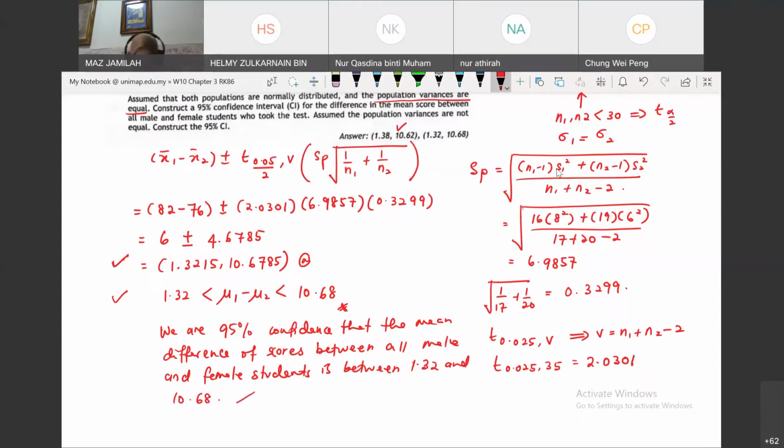So that's how you make your conclusion or interpretation out of your CI.